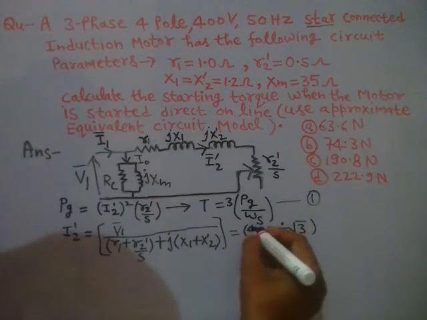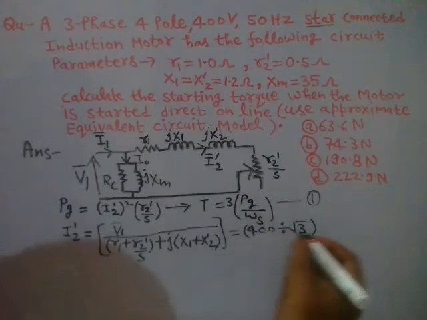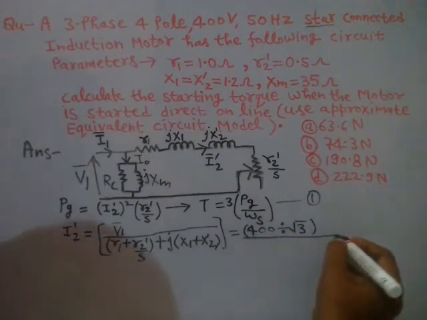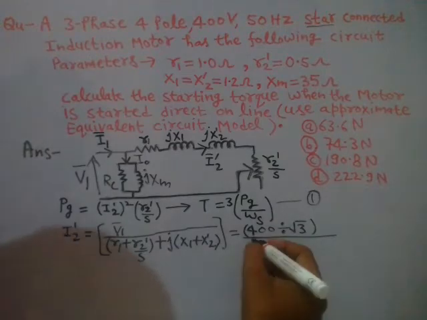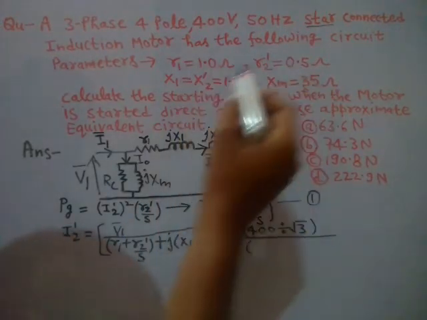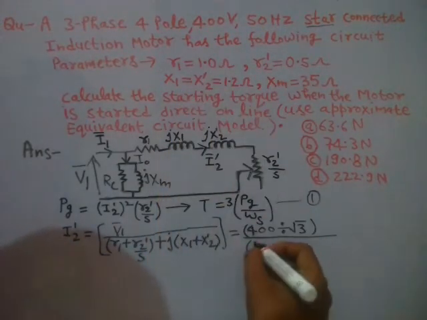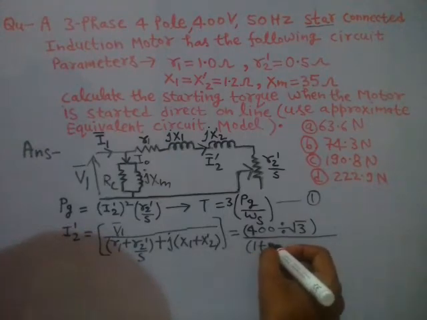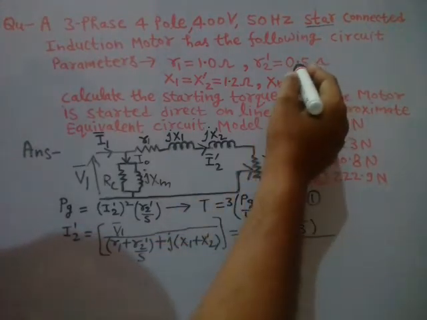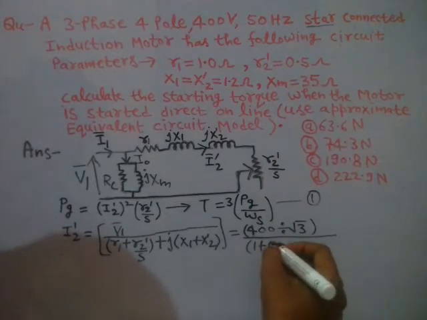Alright, 400 by root 3 is the phase voltage, and here put all the winding parameters. R1 is 1 ohm, R2 dash by S, R2 dash is 0.5.